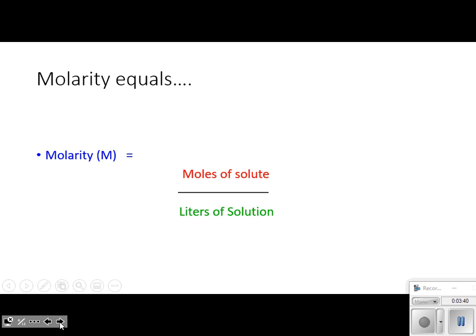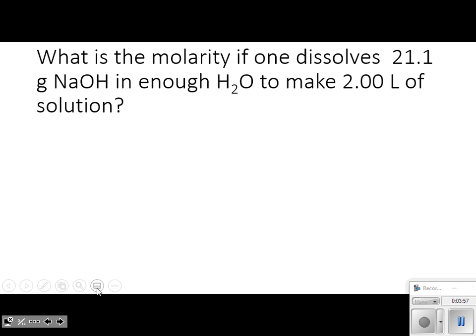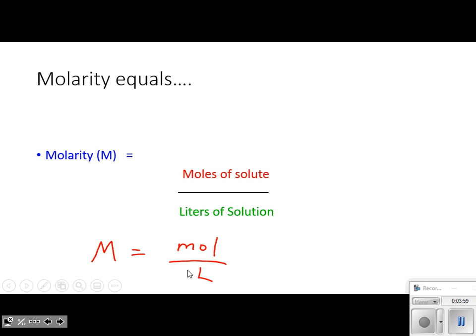Okay, so when we're looking at this in terms of labels, the molarity is going to be the moles over the volume, moles over liters. But don't put this as your label. Always put the M, the capital M, as your label, okay, when dealing with the molarity.